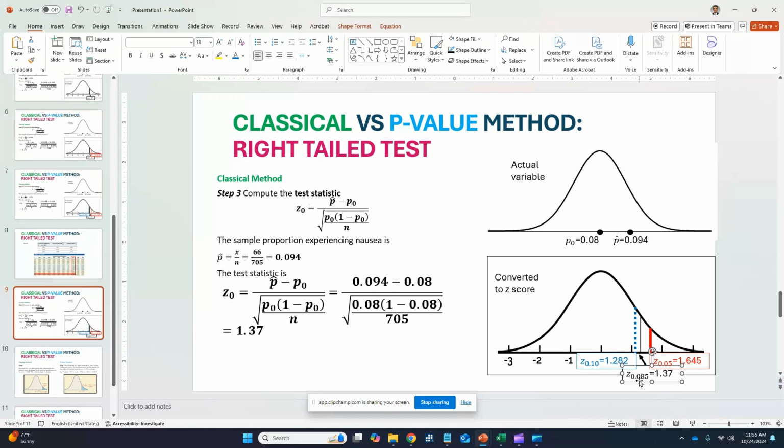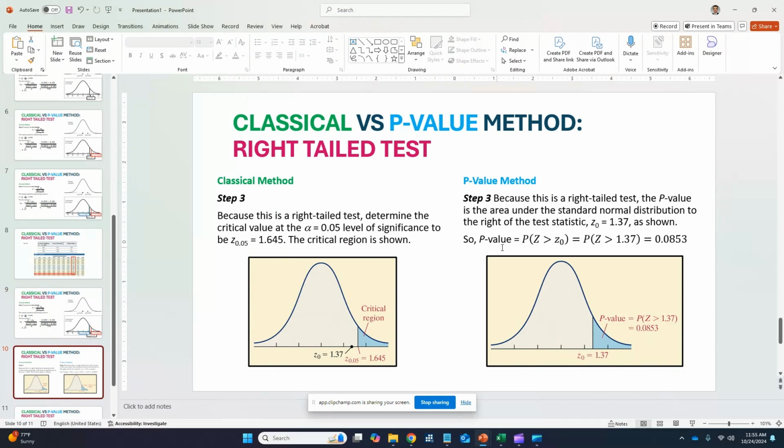If this goes any bigger than 0.085, then we fail to reject the null. That is the p-value of our analysis.